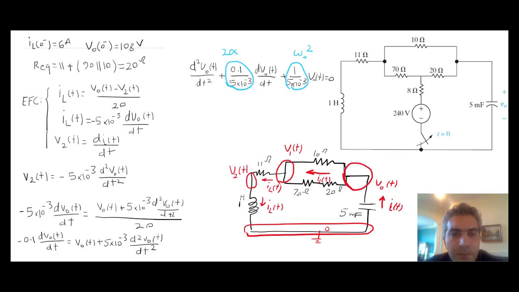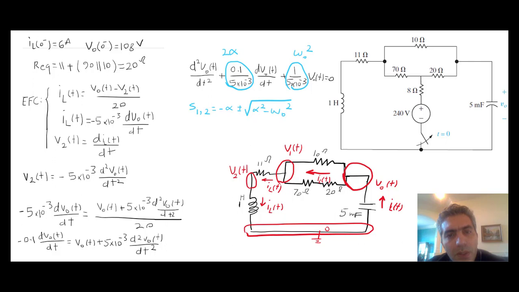From this point on, we write the characteristic equation for this differential equation, and then solve it. It gives us S1 and S2, if you recall, and that was minus alpha plus minus square root of alpha to the power of 2 minus omega 0 to the power of 2.